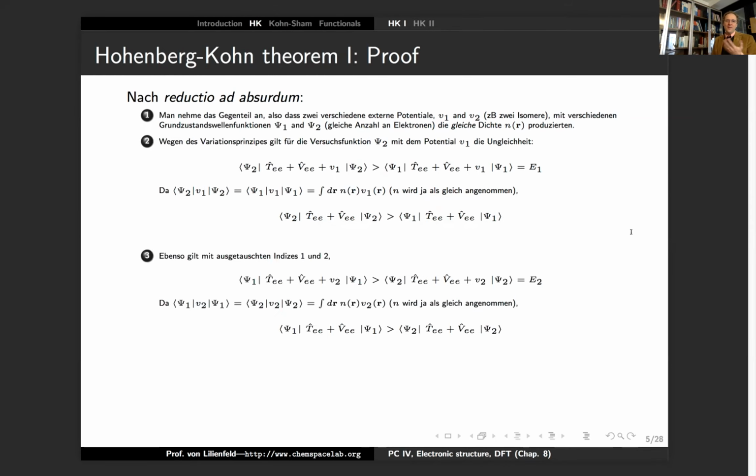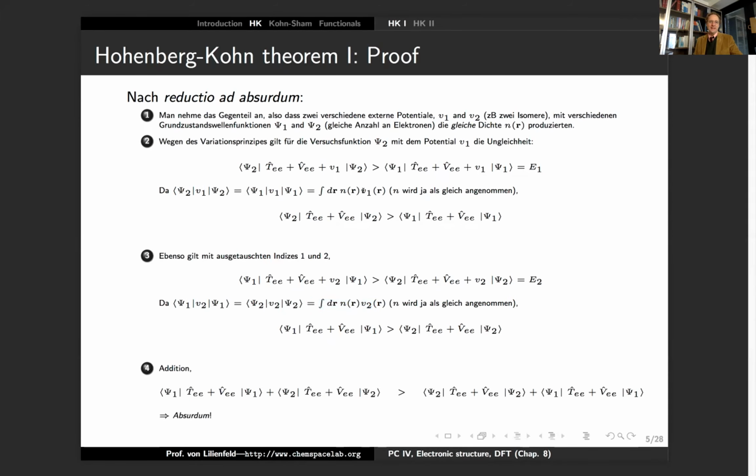I can do the same by exchanging the indices, right? So then I'm looking at the external potential of my isomer 2, one with the wave function of butane and one with the wave function of the methylpropane. And now again, this will be lower in energy when external potential and wave function match. And again, they map towards the same electron density, so I can cancel this one from the inequality too.